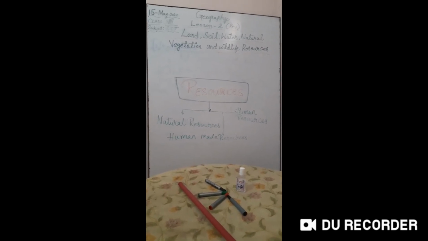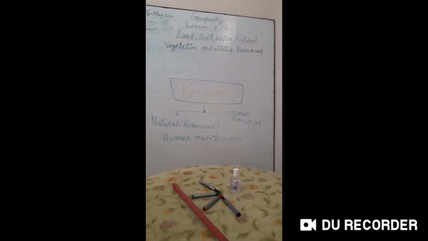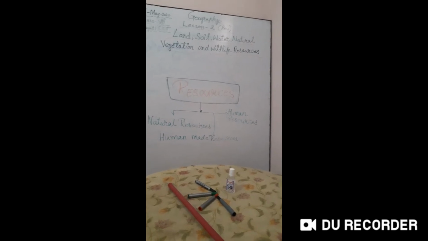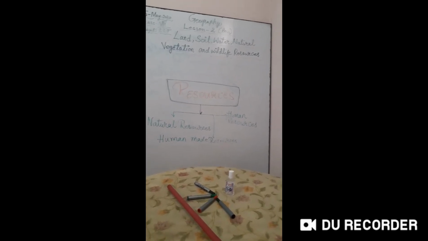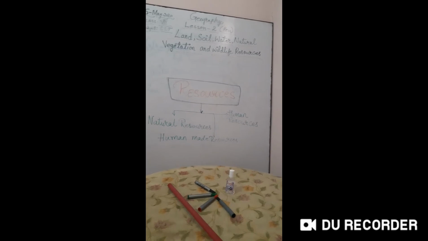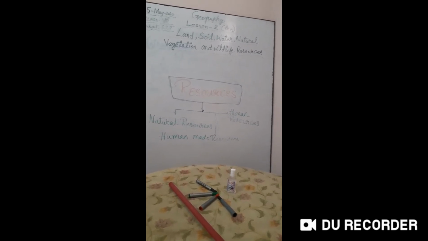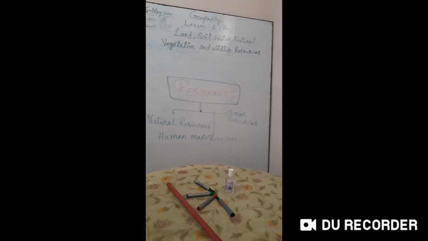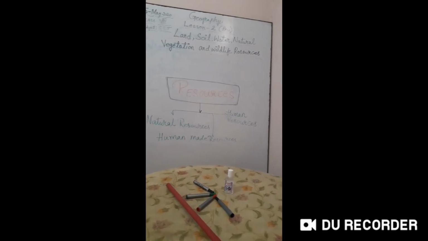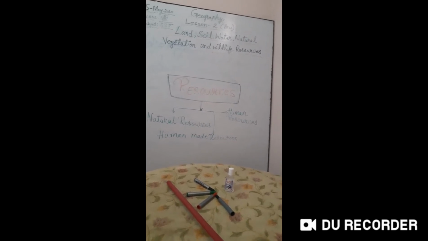Any substance, living being or service that has utility, that is, can help us in any possible way, is said to be a resource. A resource has some value. The value can be associated with money or just mental satisfaction.